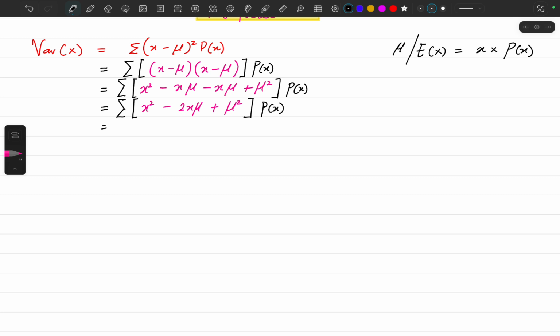Right, and then what we do here is we need now to use the probability distribution to open the bracket all up, and that's what I'm going to do.